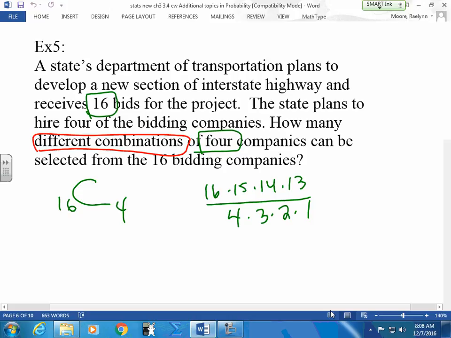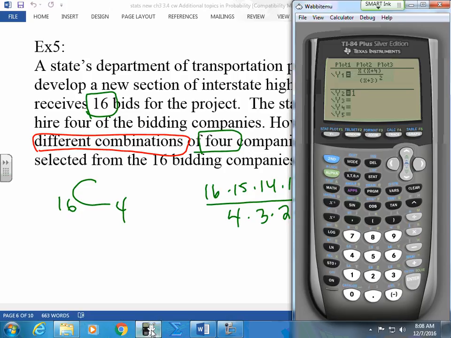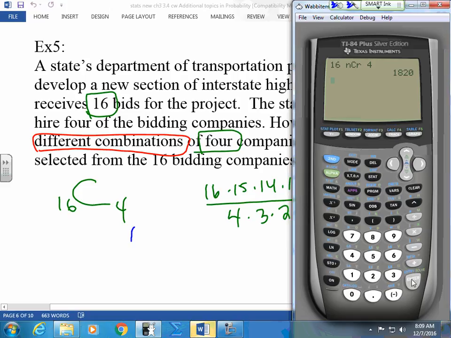Calculator is the easiest way to go. You've got to put the 16 in first. Then you're going to go to math. You're going to go to probability. You come down to the C this time and put in 4. So we get 1820 different ways. 1,820. If you do it out the long way, it's 16 times 15 times 14 times 13.